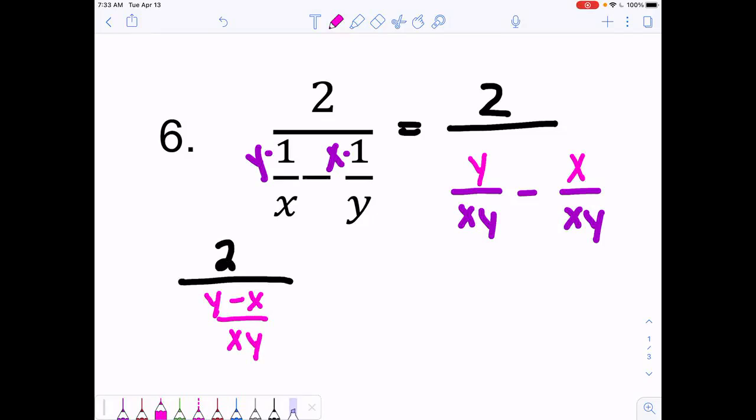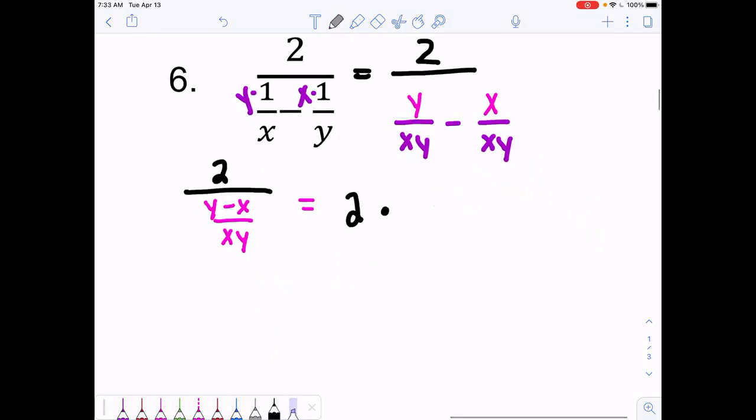So 2 division bar or divide, and then I'm taking 2 divided by the quantity (y minus x) over xy. So if I use the same process as we did before, the numerator times the reciprocal of the denominator. So xy divided by y minus x.